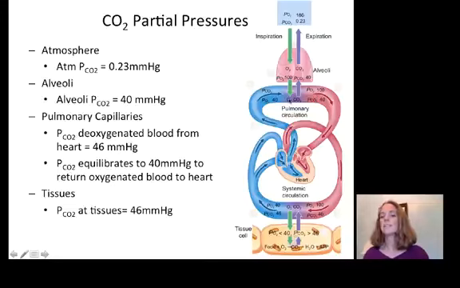So 46 to 40, carbon dioxide moved from the blood into the air sacs, and that equilibrated and brought the carbon dioxide in the blood back down to 40. This now oxygenated, low carbon dioxide blood gets transported to the tissues and has a PCO2 of 40 in the systemic circulation. That PCO2 of 40 is going to then pick up carbon dioxide that was produced in the tissues and move up to a PCO2 of 46.